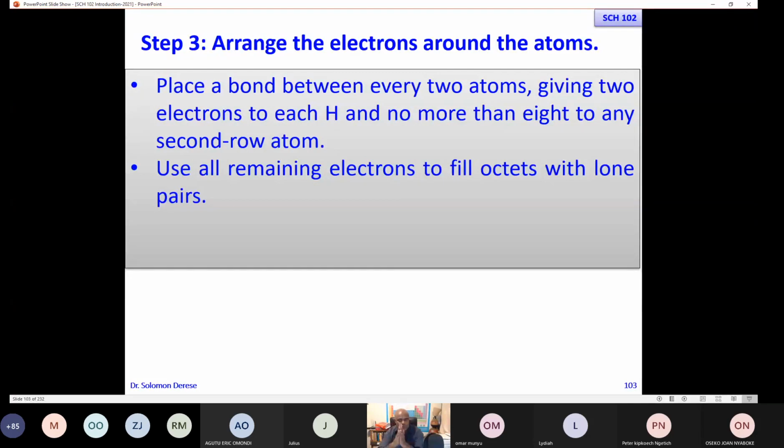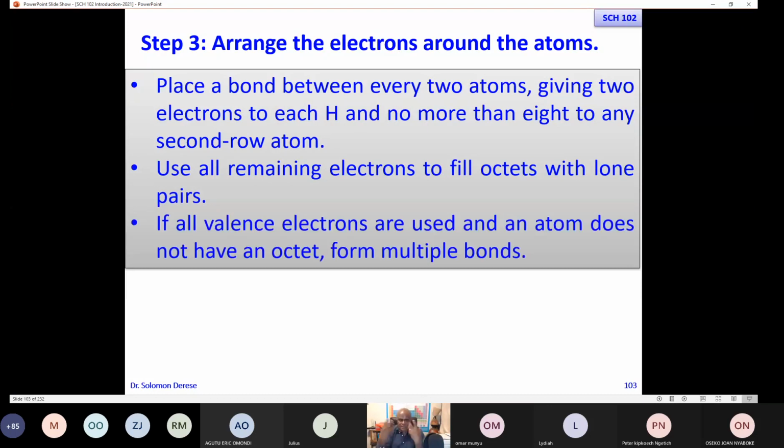So first you form a single bond. After you have formed a single bond, you count the total number of electrons you have used in the single bond. If there is a balance from the total number of valence electrons which you have determined in step 2, those electrons you will give to the elements in that molecule whose octet is not fulfilled, as lone pairs, so that the elements will have an octet of electrons.